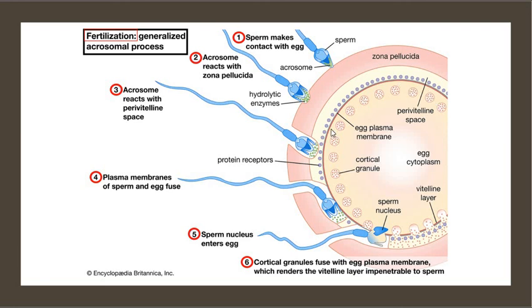And what happens is it completely changes the structure of that membrane and makes it so that no other sperm are able to enter. Okay? Because you don't want another sperm to enter, otherwise you're going to have the wrong amount of DNA. Oh, and by the way, this is completely not to scale. Sperm are much, much, much smaller than the ovum.